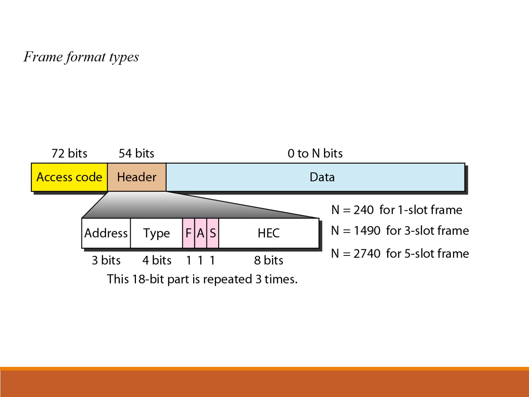If not, the majority opinion wins. So 54 bits of transmission capacity are used to send 18 bits of header. The reason is that to reliably send data in a noisy environment using cheap and low powered devices with little computing capacity, a great deal of redundancy is needed here.